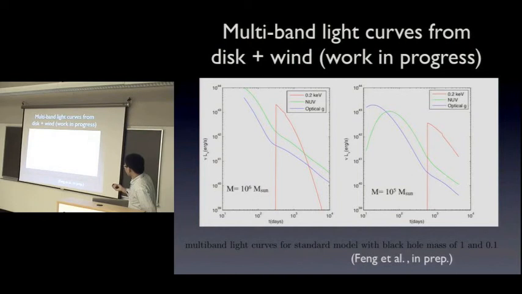So he's calculating the sum of two emission components. Interestingly, in X-ray wavelengths, the wind emission will have very little contribution to the X-ray band, and the X-ray band will only appear at later times when the wind has diminished.